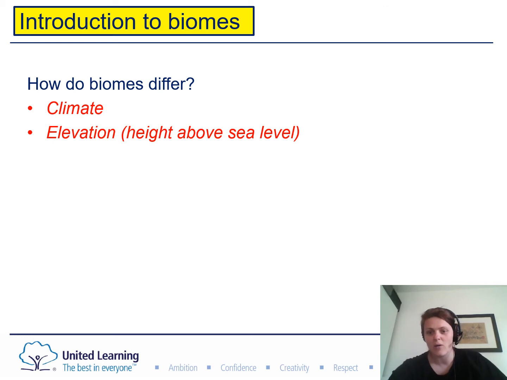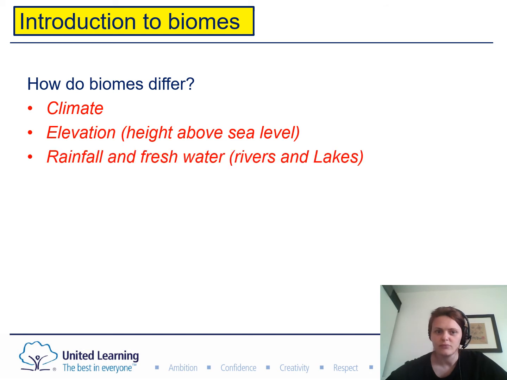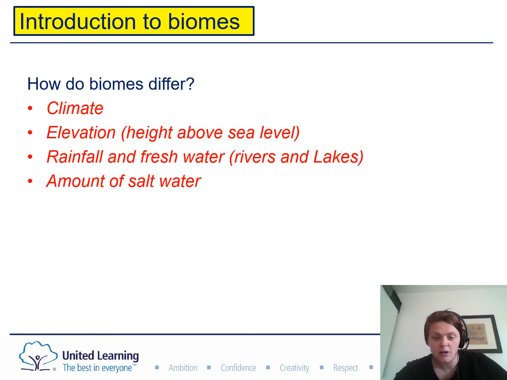Elevation, so how high up are these ecosystems, these biomes? Are they up really, really high up from sea level, up mountains, or are they quite low down? How much rainfall and fresh water happens and occurs in these biomes? Like, do they have lots of rivers? Do they have lots of lakes? Or are there none at all? An amount of salt water as well.